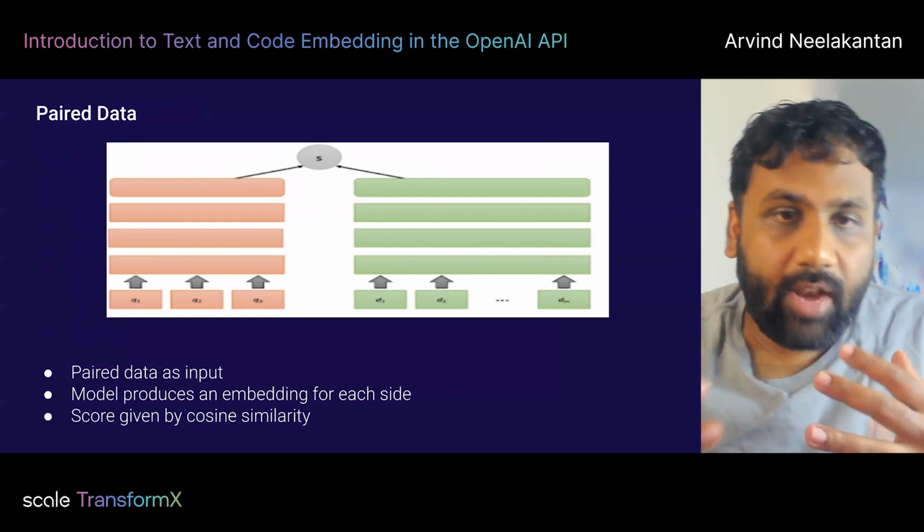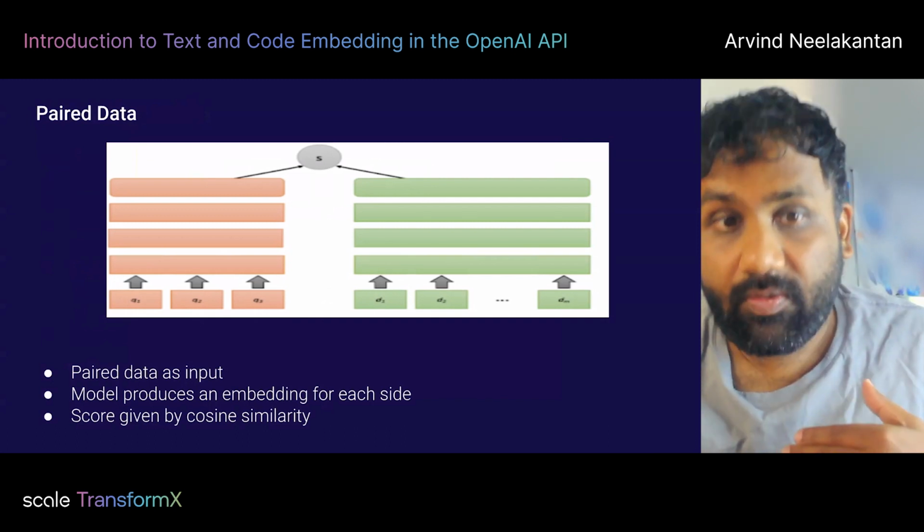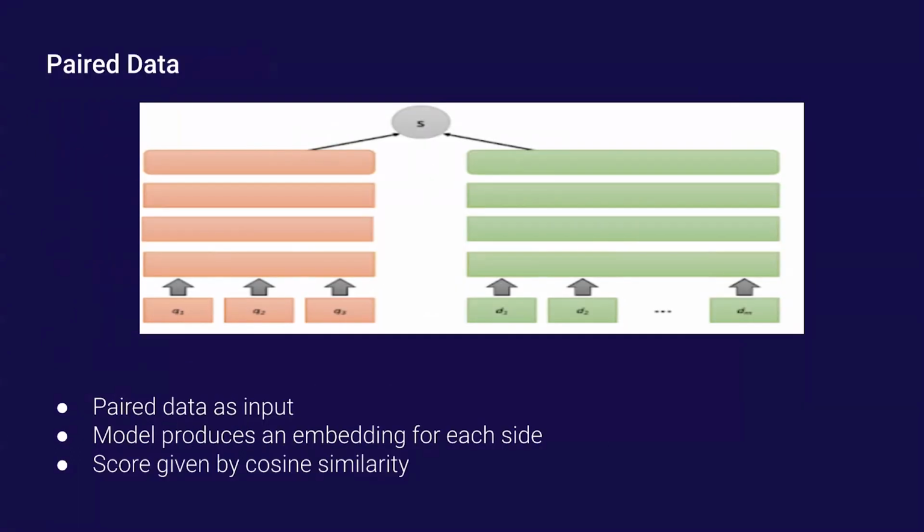To train these kinds of embedding models with contrastive loss, we use what is called paired data. Basically, you have two inputs that are related, and this kind of relation could mean things like it has the same sentiment, or it talks about the same topic. In the case of CLIP, there's an image and a text, and those are paired because the text is describing what's there in the image.